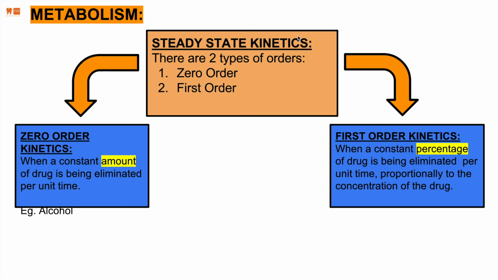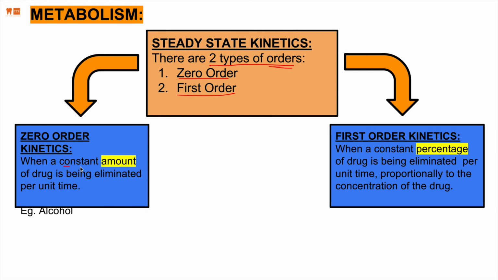Okay. So steady state kinetics has 2 types of orders through which drug is metabolized. We got a zero order and we got a first order. What is zero order? Well, zero order is when a constant amount of drug is being eliminated per unit time. So every 5 minutes, we're getting rid of 5 milligrams of drug.